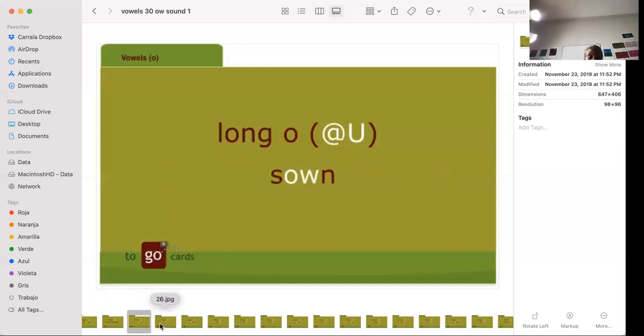Sown, bowl, cough, barrow, billow, follow, source, slow.